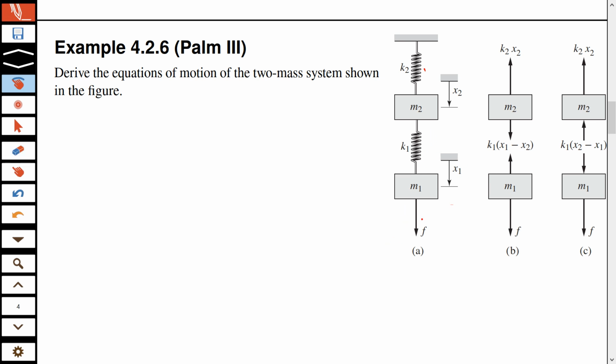Although it's a vertical spring, and we do have some effect from gravity, M1 g, M2 g, you know that if you take these to be your equilibrium points, the gravitational effects simply cancel out, okay?